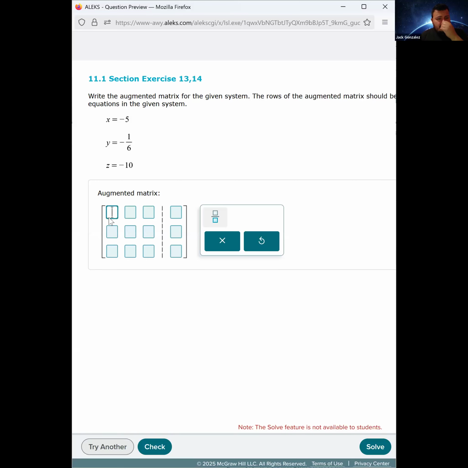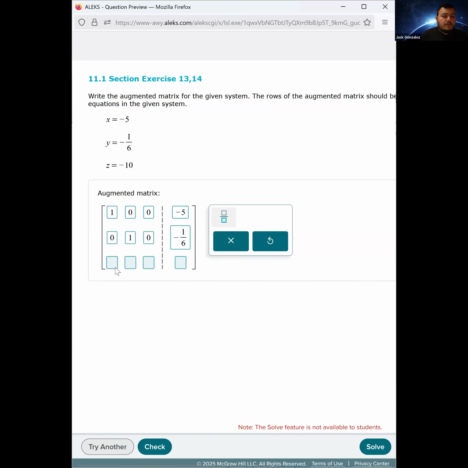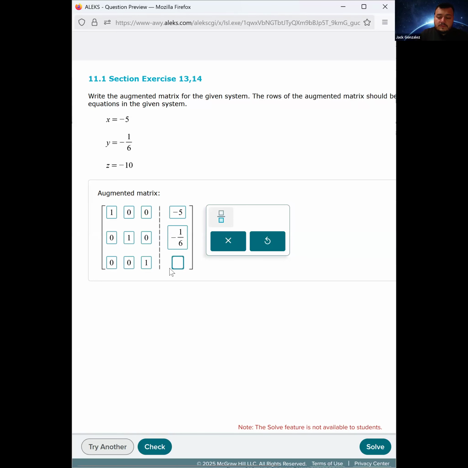Let's see here. So the first equation, remember, we only have a constant here, -5. So I have a single x, and I have no y's and z's for the first row, right? The second row has nothing except a y, so 0 everywhere else. And then I have that constant. Here we got 0, 0, 1, and then it's equal to -10.